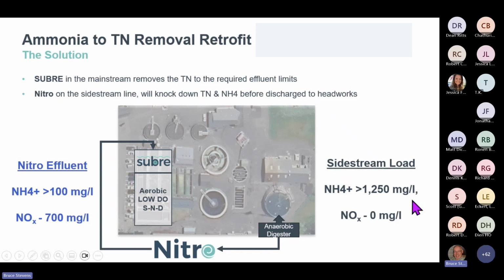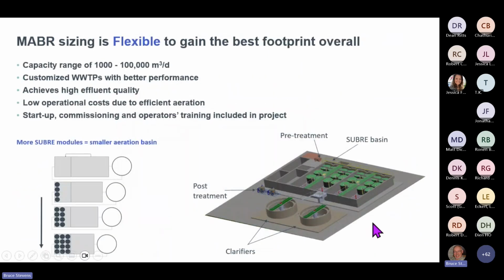And that's basically taking a high side stream load of ammonia, in this case 1,300 milligrams per liter, and taking 90% of it and knocking it away. So the effluent will be less than 100 milligrams per liter, with that high nitrate load that we can recycle and save energy in the plant. So that's just one example of how we do it.